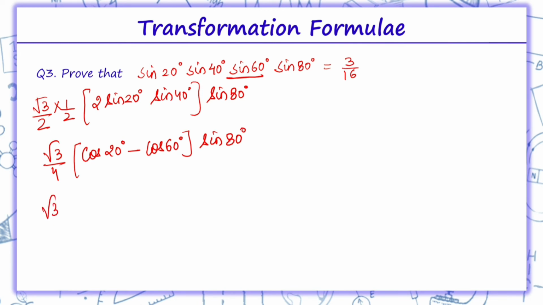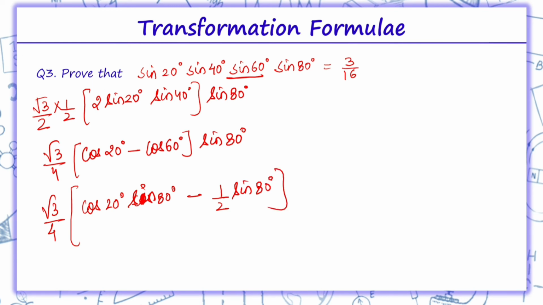So here we will get root 3 by 4 outside the bracket only. So cos 20 degree minus cos 60 degree, which is 1 by 2, and sorry, here it is sin 80 degree. We multiplied it. Now again we will apply the identity.